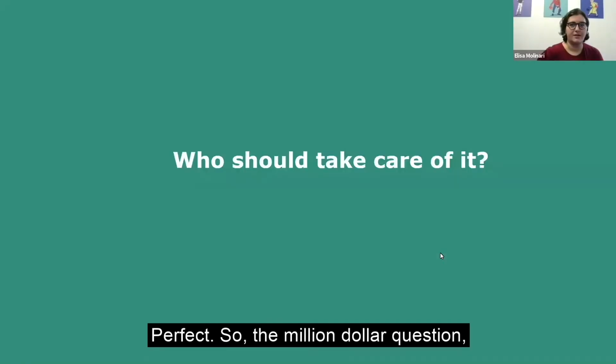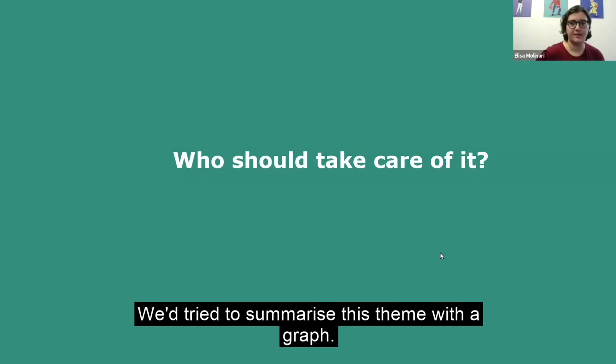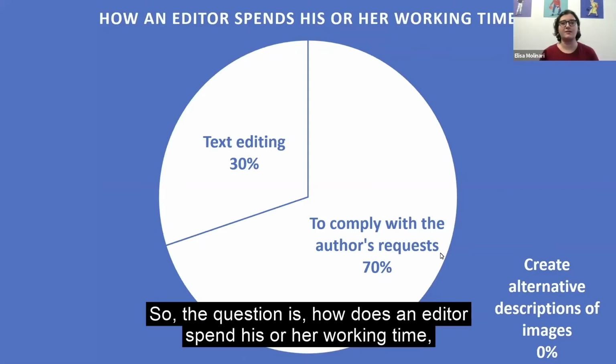Perfect. So the million-dollar question: who should take care of providing alt text? We tried to summarize this theme with a graph. So we think that on average, the question is, how does an editor spend his or her working time?